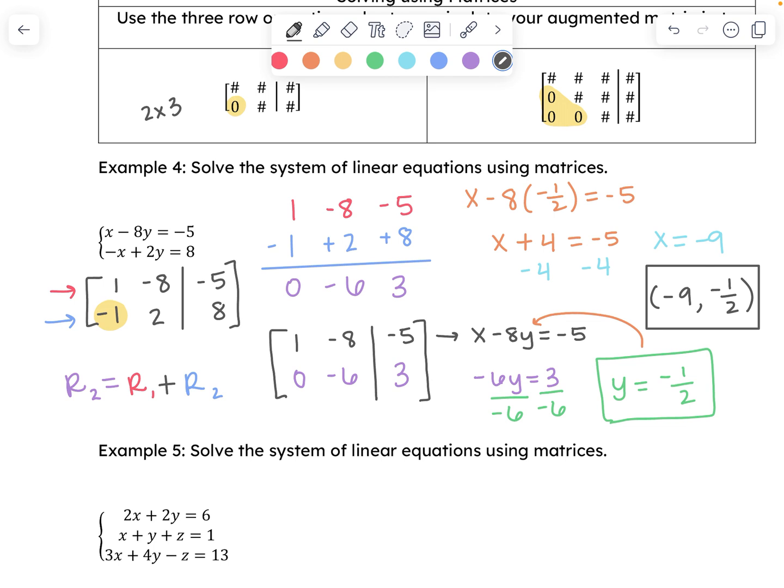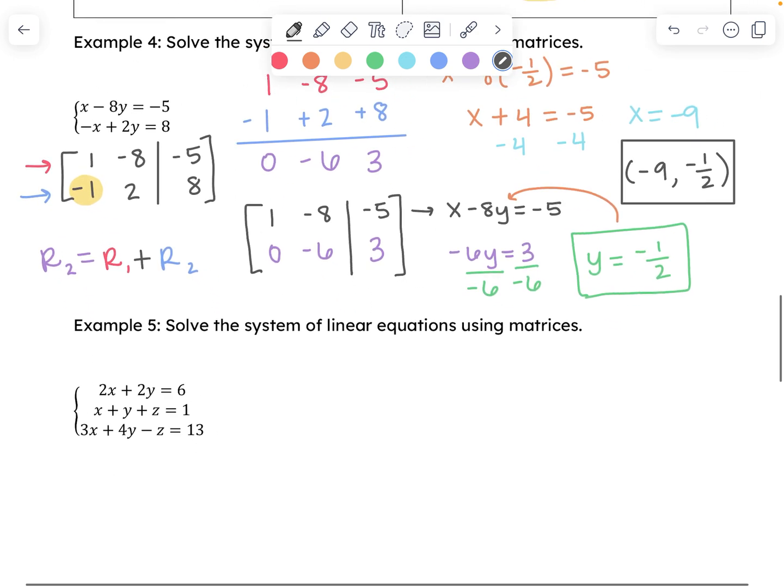But when you get to problems that look like example 5, where you have x, y, and z, this is where matrices get to be really helpful. This is where it makes it a lot easier, because it's not as easy to just do substitution and elimination. So let's look at one of these. Let's set up a matrix and go through some more operations and see what we can do.